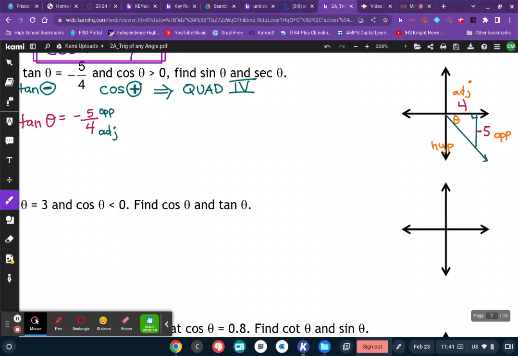It's very ugly. Let's see, 4 squared, 5 squared. So I end up with 41, I believe. The square root of 41.